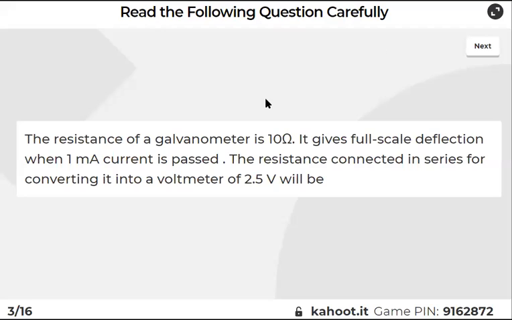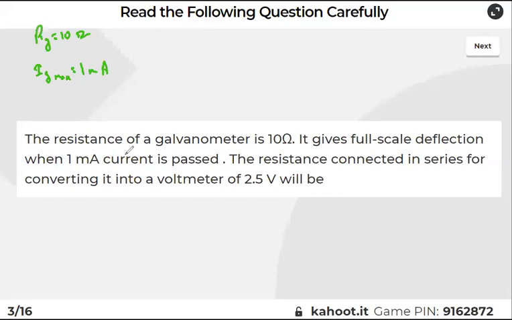Second, the resistance of a galvanometer is 10 ohm. Write it down. It gives full scale deflection when 1 milliampere current is passed. So Ig max is 1 milliampere.